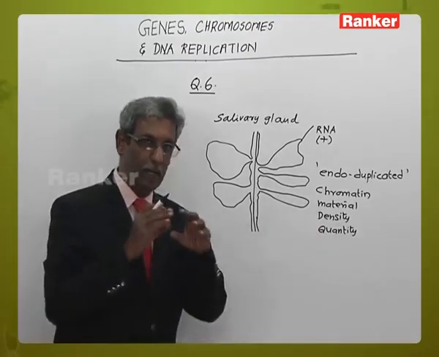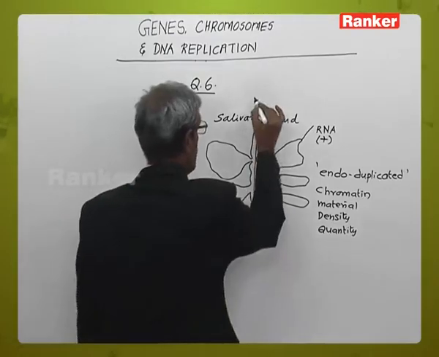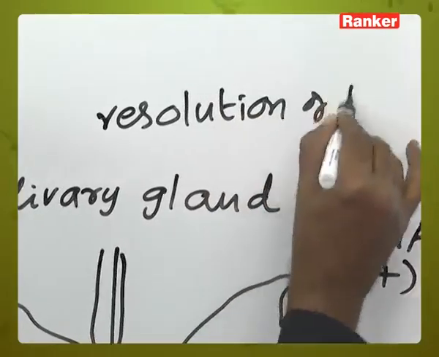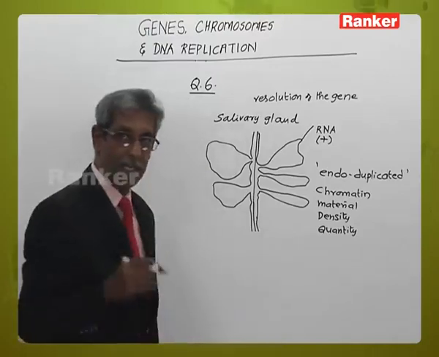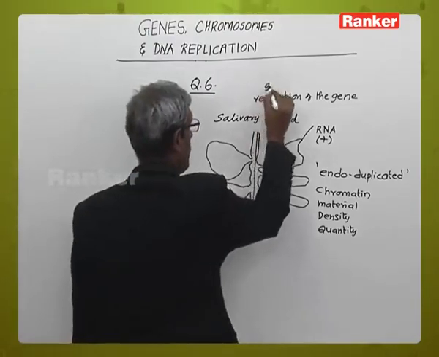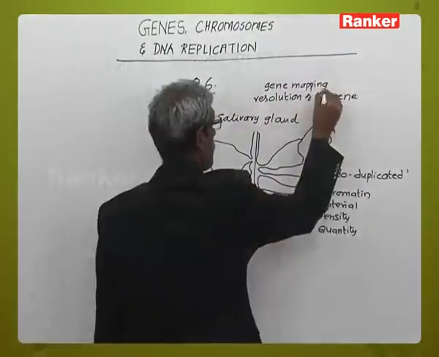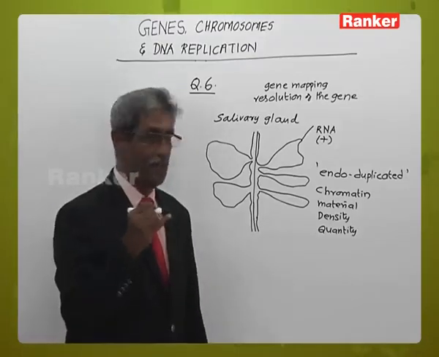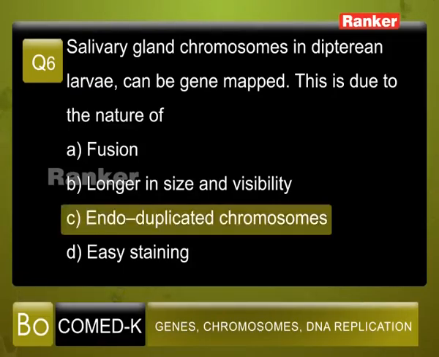Thereby it is very easy to study the resolution of the gene. Hence it is a convenient tool for gene mapping because of the extension of the distance between the genes. So due to the presence of endoduplication, salivary gland chromosomes are ideal tools for gene mapping. The right answer is C.